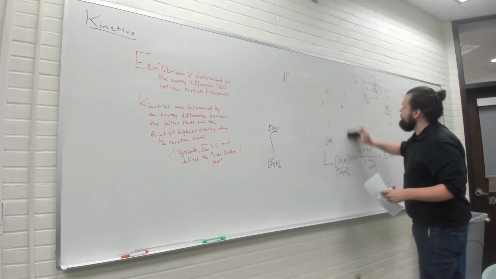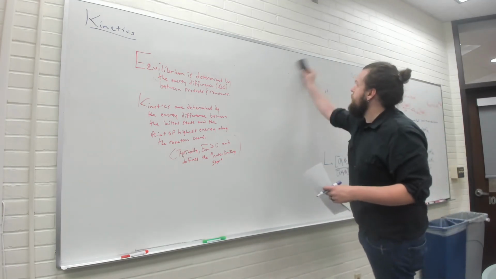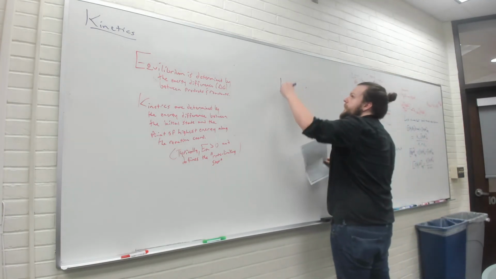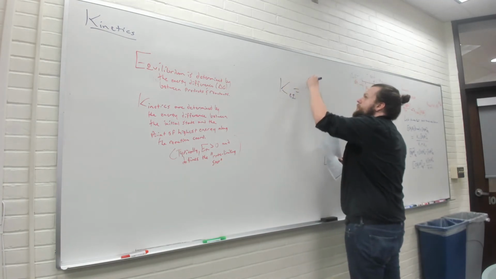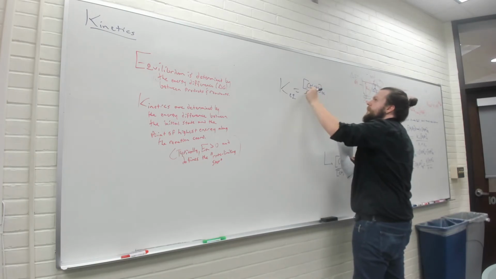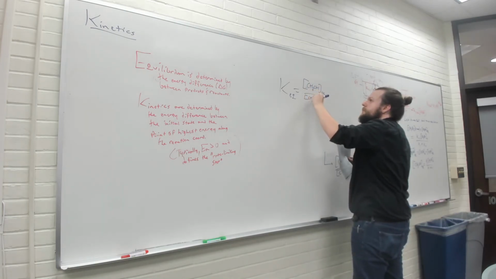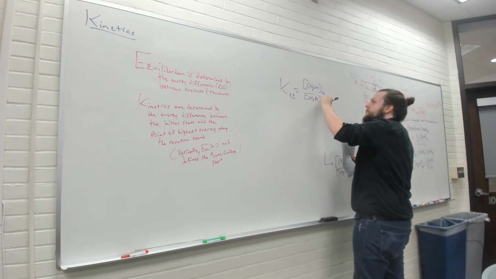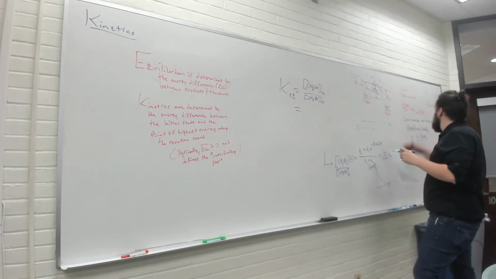Now let's calculate the equilibrium constant. KEQ is going to be CH3OH EQ divided by CH3Br EQ. And we can just plug in those formulas.